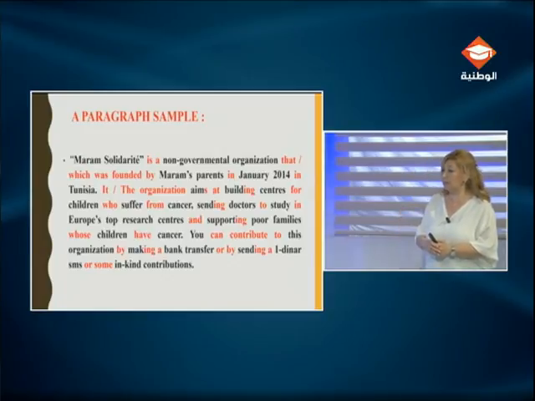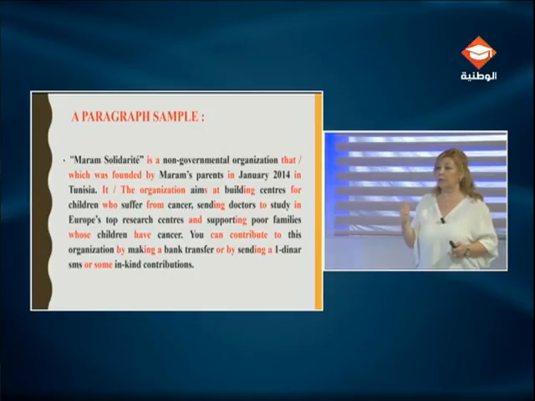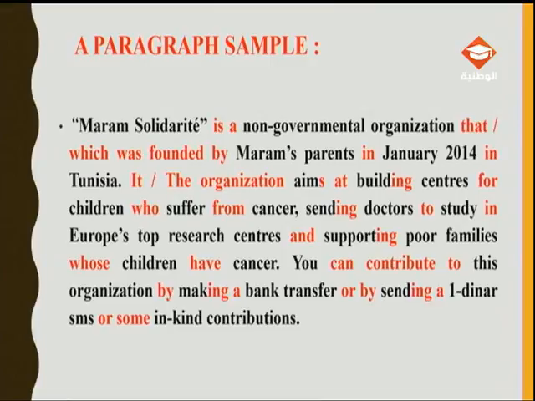It aims at what? Building centers for children. What about these children? Children who suffer from cancer. This is the first aim. Comma. The second aim, sending doctors to study in Europe's top research centers. That's the second.